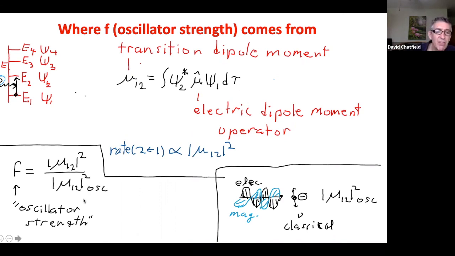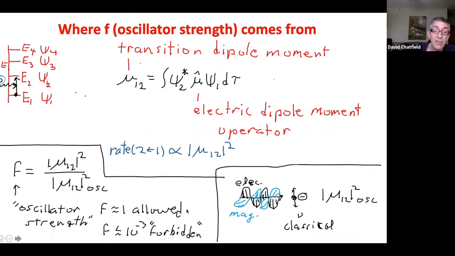But that's the origin of the language oscillator strength. And if F is approximately 1, we say the transition is allowed. But if it's less than or equal to 10 to the minus third, we say it's forbidden, right? That really means a fast rate or a strong rate of absorption of radiation by your sample.